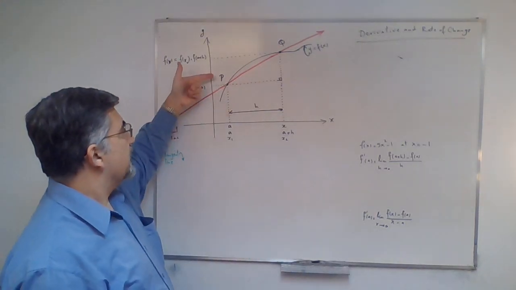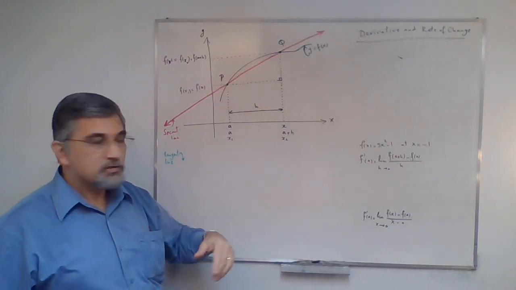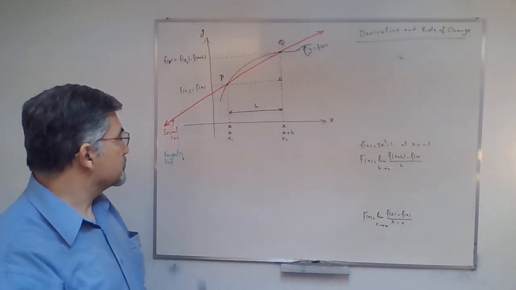You can say the x coordinate of point P is x1, the x coordinate of point Q is x2. So different notations can be used.